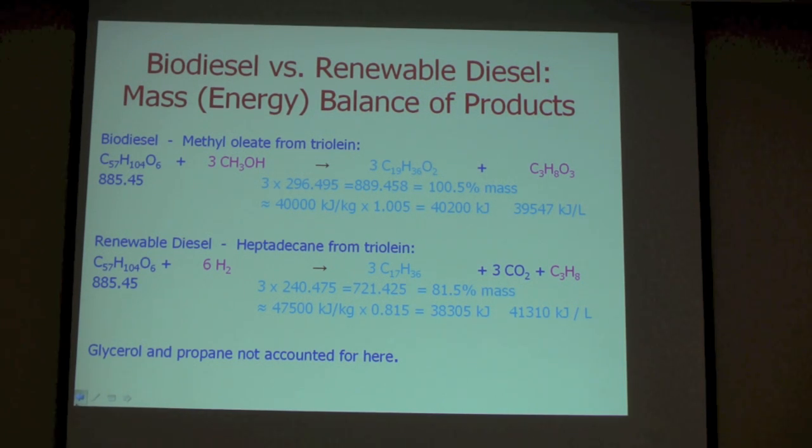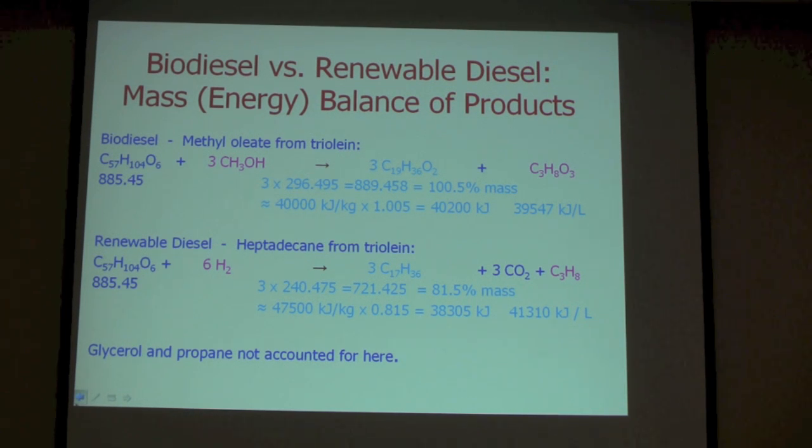Now, if you're using renewable diesel, making a decane from triolein, which would be the kind of ideal product you make, you'll see you get about 81.5% mass balance because the oxygenated moiety goes off as CO2. Co-product otherwise is propane compared to the glycerol with biodiesel.